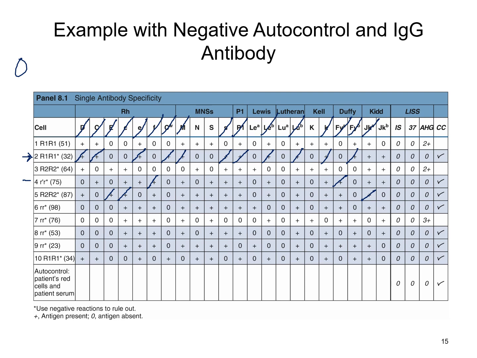We still can't rule out N, still can't rule out big S. Lewis A, so we can rule out Lewis A here, this homozygous Lewis A, Lutheran A, Kell, still hetero, JKB, hetero.